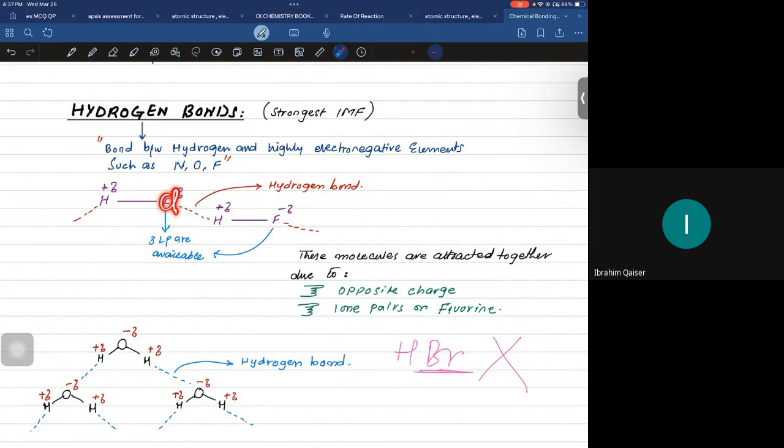They are the same, but we have specified the three elements: fluorine, oxygen, and nitrogen. They have the highest electronegativities. When you see the table of electronegativities, among all the elements, these three have the highest electronegativities.